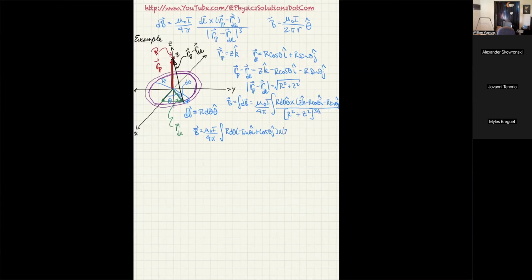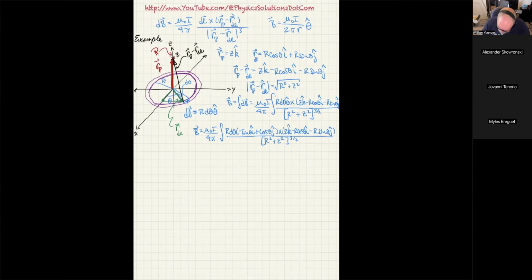And then that's going to be z k hat minus r cosine theta i hat minus r sine theta j hat, like that. And then, of course, all of that is over r squared plus z squared to the 3/2 power.